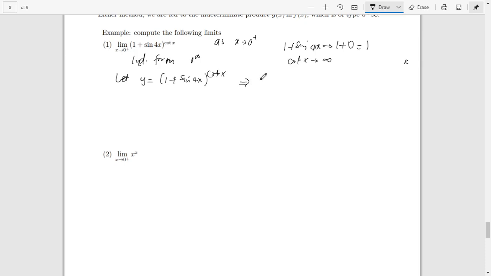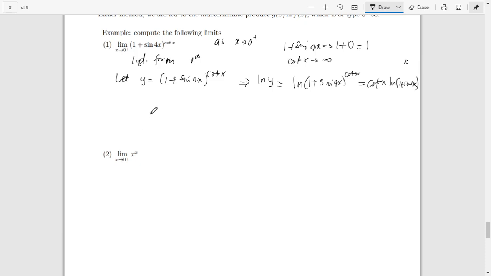If we take the natural log of this, we get that natural log of y is equal to the natural log of 1 plus sine 4x to the power of cotangent of x. And by law of log, this power comes down to be cot x natural log of 1 plus sine 4x. Now, we can find the limit of the natural log of y.